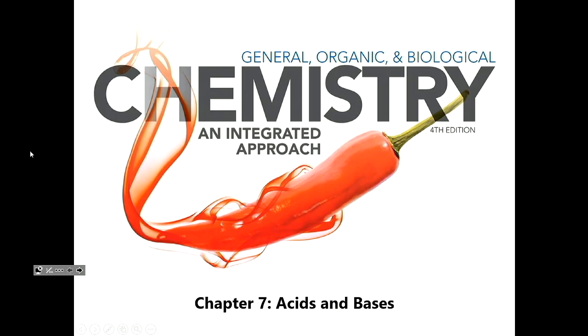And acids and bases are critically important in determining all kinds of outcomes in not only laboratory chemistry, but the behavior of these types of compounds is critically important in metabolism and all kinds of things that we're going to be learning as we move forward.